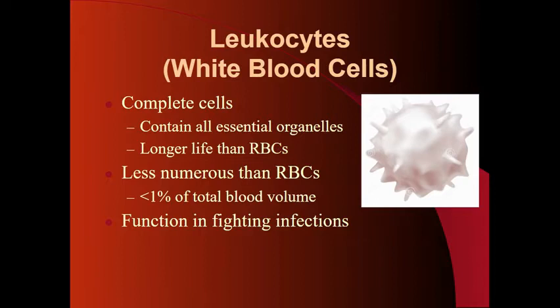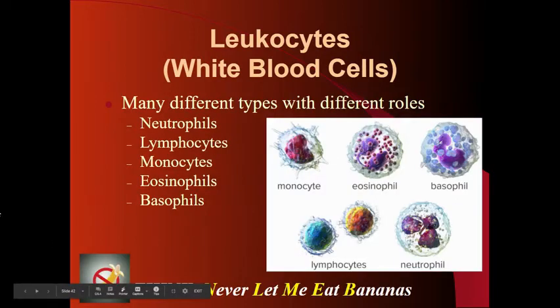They're much less numerous than red blood cells. While red blood cells make up about 45% of blood, white blood cells or leukocytes usually make up less than 1% of the total blood volume, and their function is to fight infections. There are many different types of leukocytes with different individual roles.